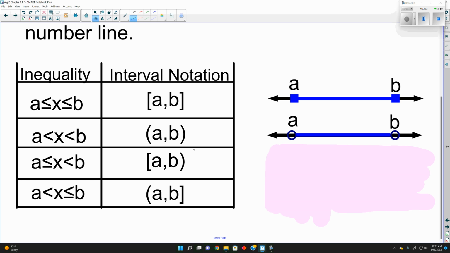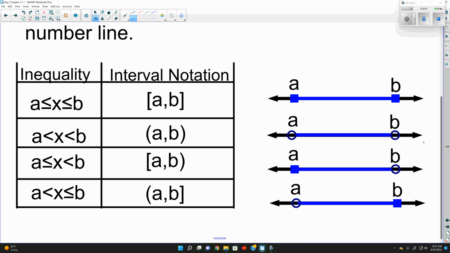Because on the one above it, it is equal to the one on the left, and the bottom one is equal to the one on the right. So it kind of switches the endpoint. Yes. You don't have to do a square. I just did squares because it's easier to do that on this here. They didn't have one where it was a filled in circle, so I just went with the square.